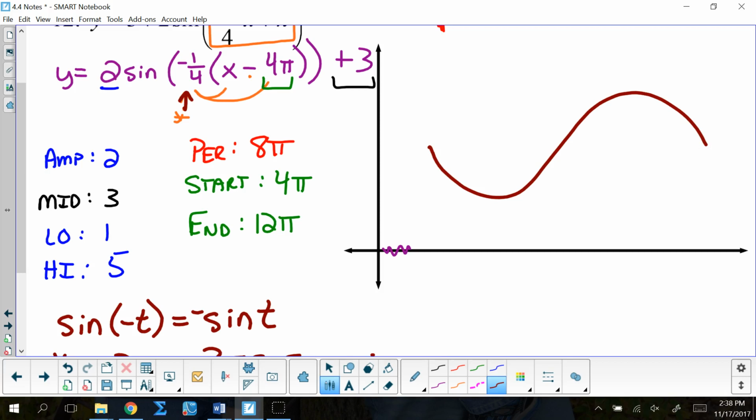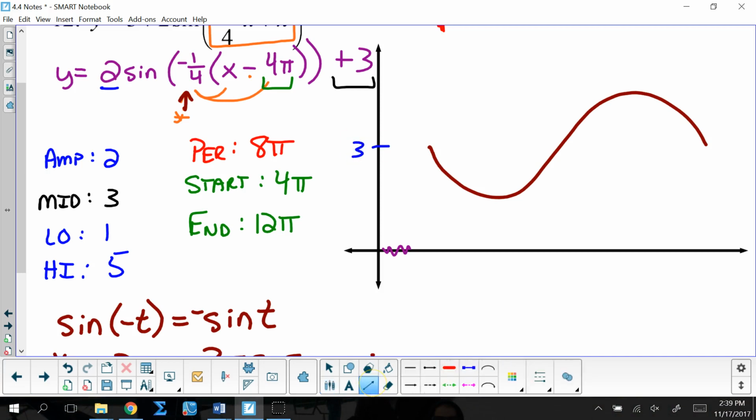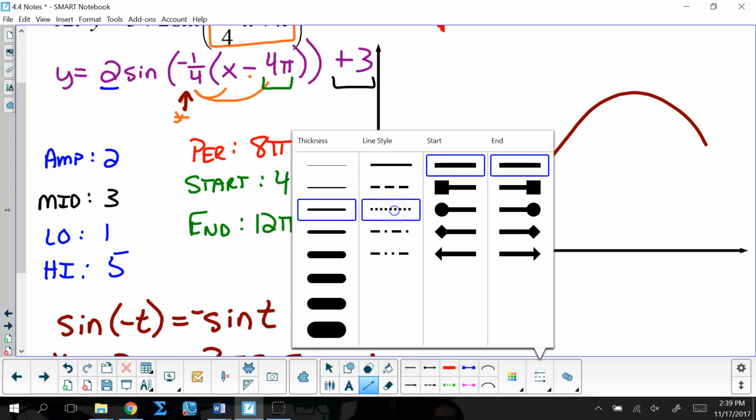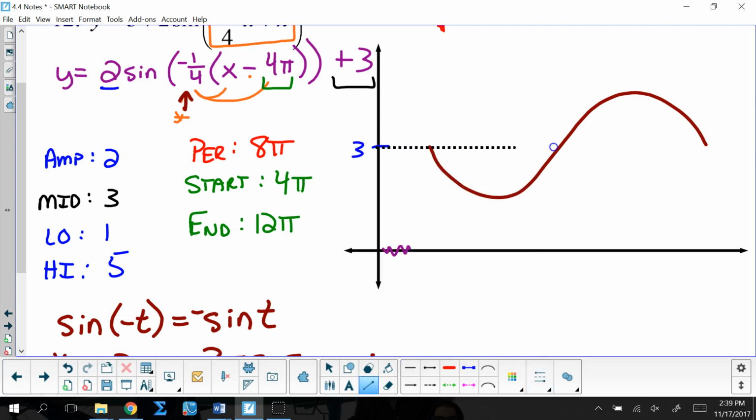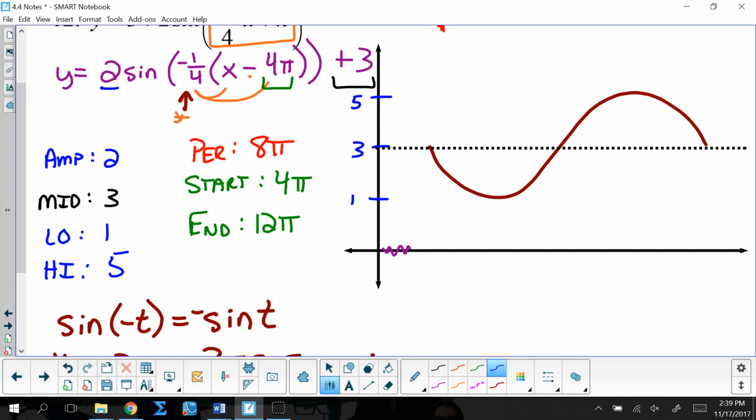So my middle here then would be 3. We'll put our line in all the way across there. Okay, so there's my middle. Here, my low value then would be 1. My high value then would be 5. I started at 4 pi.